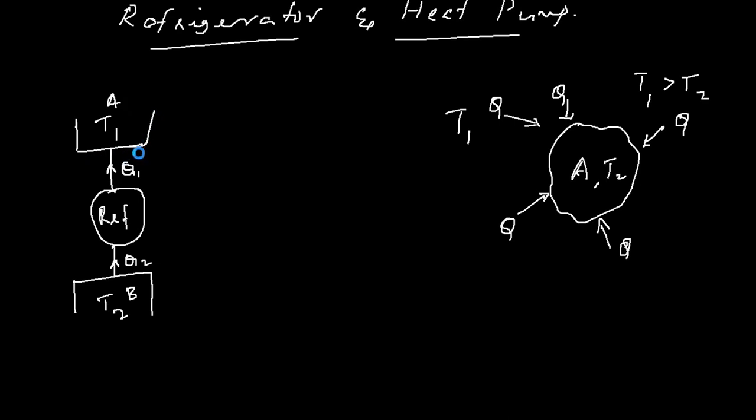So effectively, a heat pump is pumping the heat, whereas a refrigerator, that too is pumping the heat, taking heat, removing heat from a low temperature body and rejecting it to a high temperature body, and the target is to maintain T2, whereas a heat pump removes heat from a low temperature body and rejects that heat into a high temperature body, and in this case the target is to maintain T1. So a heat pump maintains a high temperature, whereas a refrigerator maintains a low temperature.